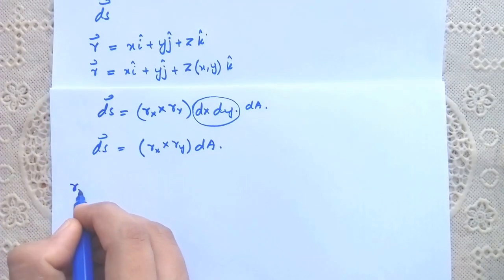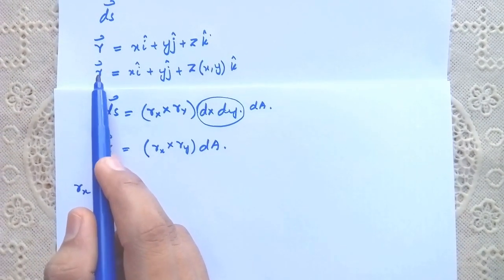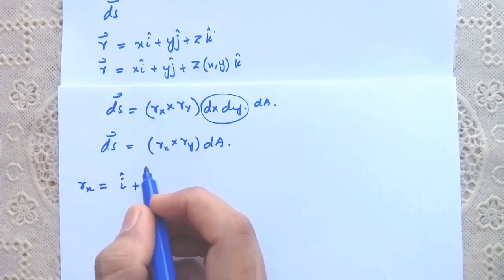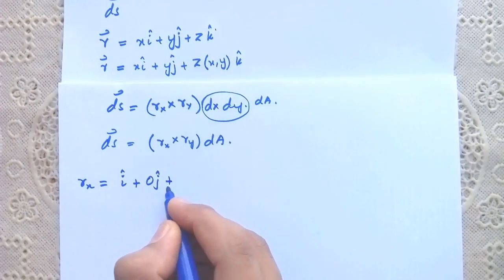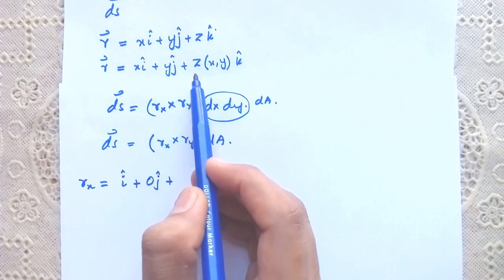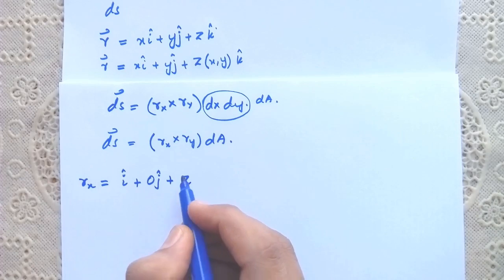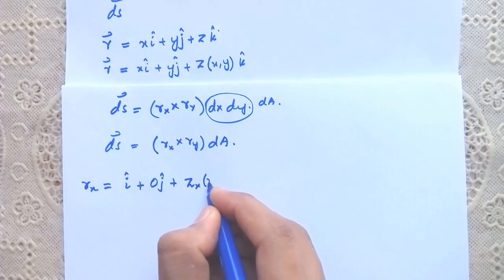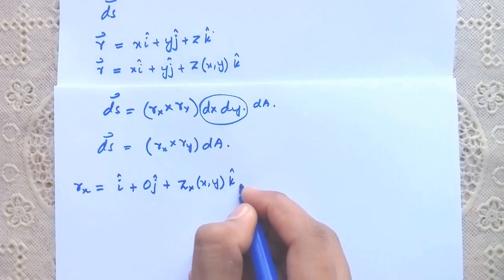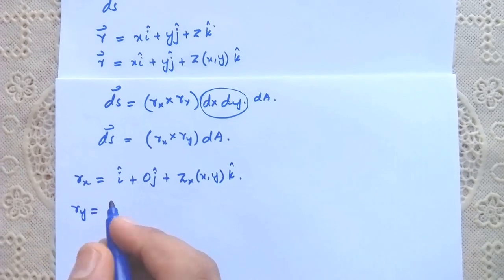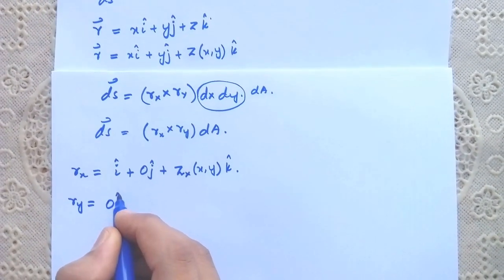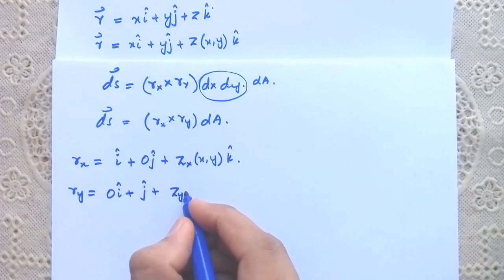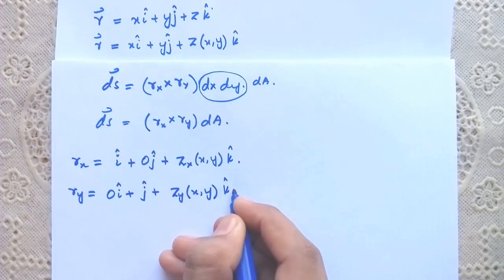Now rx, means partial derivative of r with respect to x, is equal to i plus 0j plus, and z is a function of x and y both, so with respect to x partially अगर इसको differentiate करेंगे तो ये होगा zx of x y k cap, right? And ry is equal to 0i plus j cap plus zy of xy k cap, right?